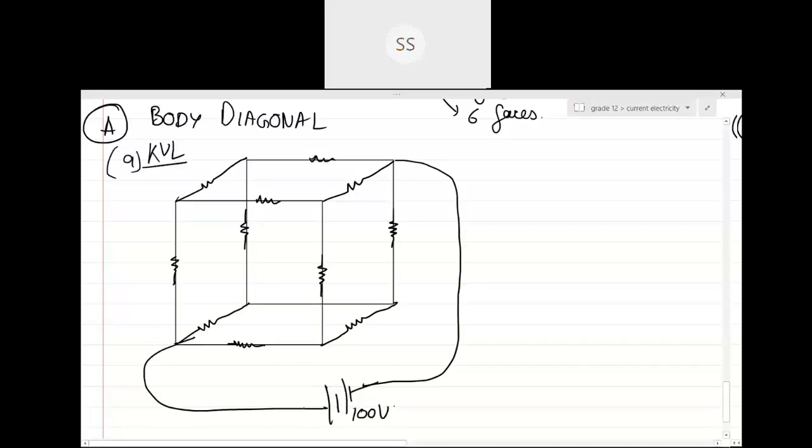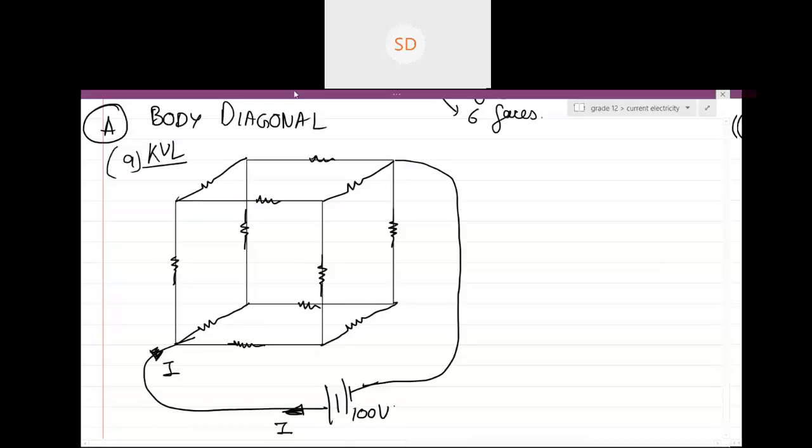How do we do this? Guys, let us say a current I is coming at this branch. Now, tell me how many paths does it see? Let's name the cube.